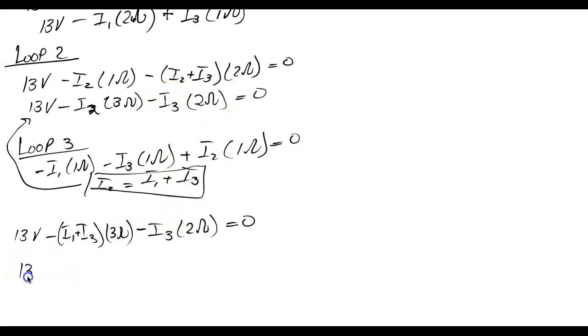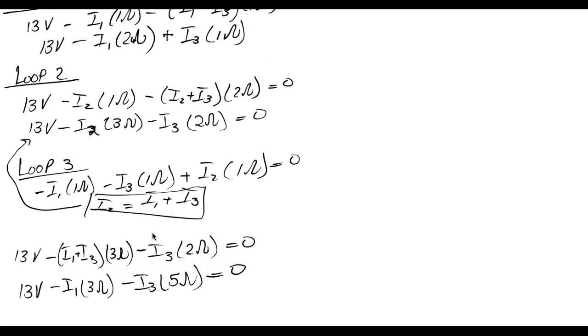So this gives us 13 volts minus I1 times 3 ohms minus 3 I3 and a minus 2 I3 is a minus 5 ohms times I3 equals 0.